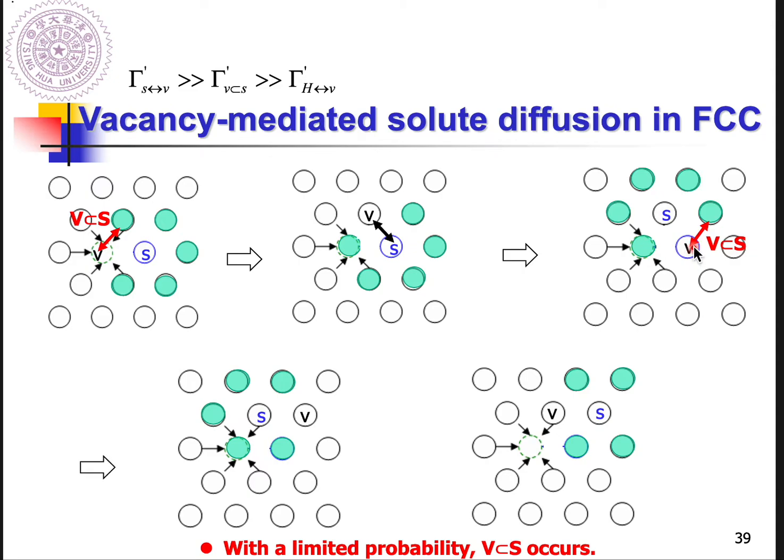So the vacancy will become here, and the host neighboring atom will become here. Then, as we mentioned, there are also 1,000 jumps between the solute and the vacancy. So next, probably one jump between what?